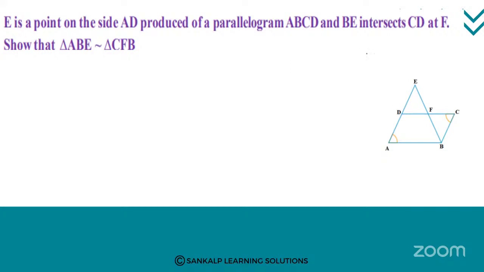What they have given in the question is: E is a point on the side AD produced of a parallelogram ABCD, and BE intersects CD at point F. Show that triangle ABE is similar to triangle CFB.